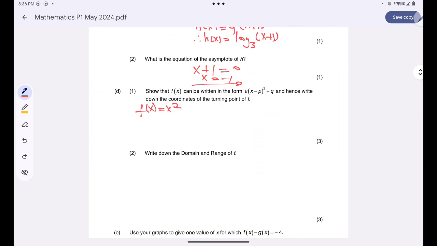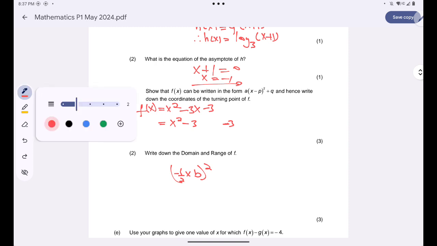All I need to do is complete the square here. I have x squared minus 3x, and I have a -3 as well. By completing the square, please remember I just need to take the value of b, multiply it by a half, and then square everything. This is what you do whenever you complete the square. In our case, the value of b is just -3.